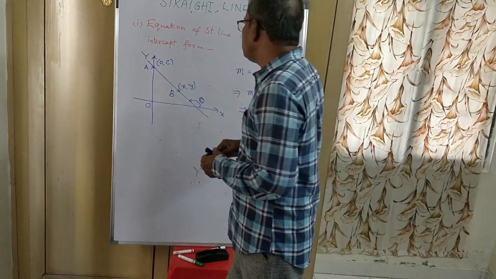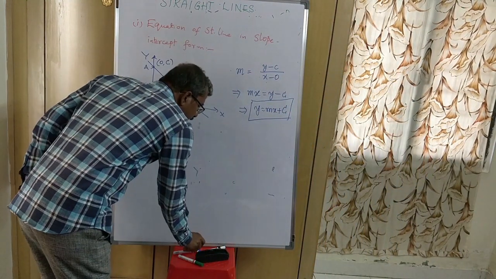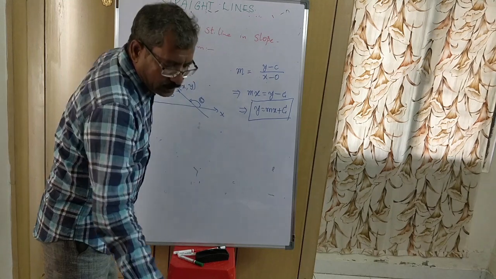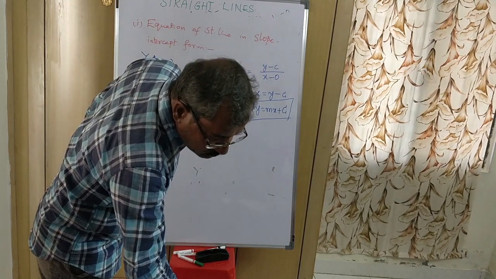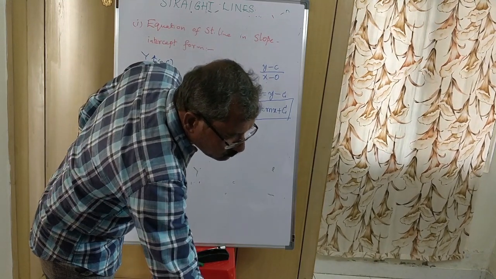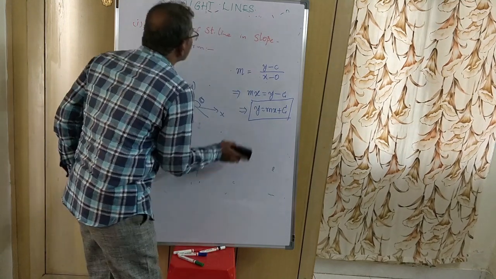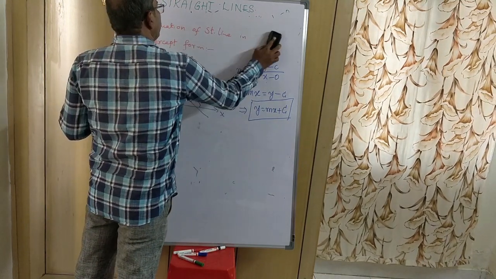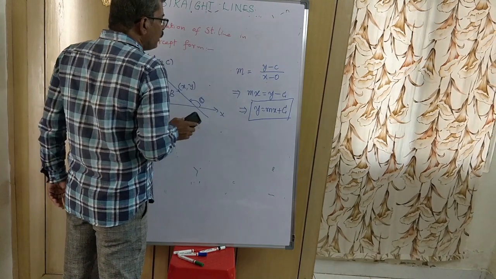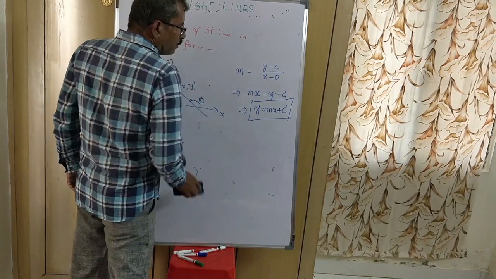After this, the intercept form of the straight line. Equation of straight line in intercept form. Okay, I will write this down.